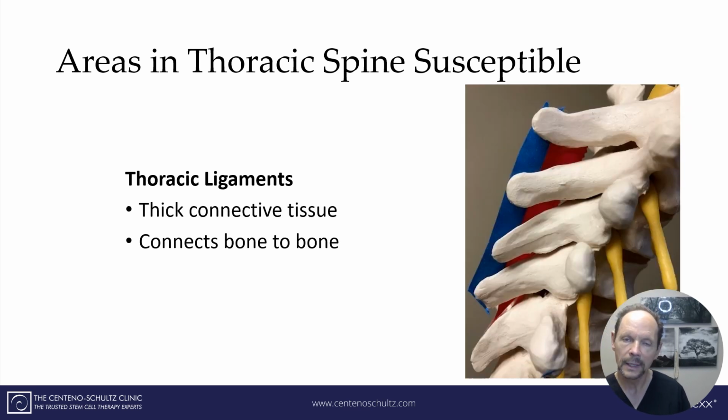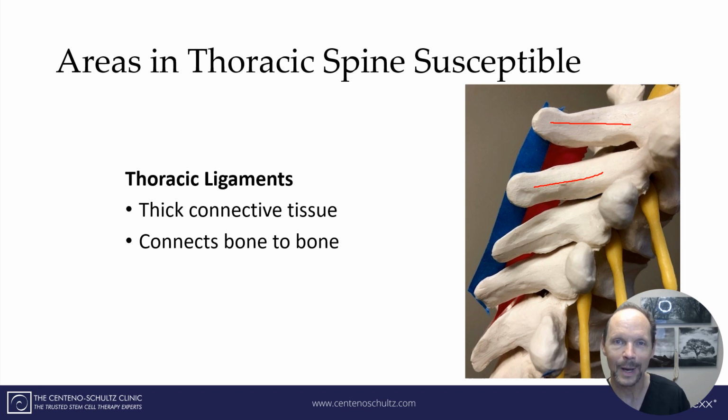And then ligaments. Ligaments are basically the thick connective tissue that connect bone to bone. They can be injured and significantly impaired, really resulting in degeneration. They're depicted here. This is a side view of the thoracic spine. You can see these bony prominences. I call them the dinosaur bones.